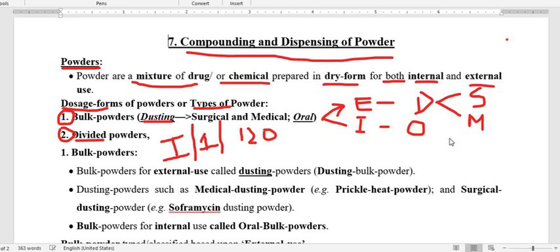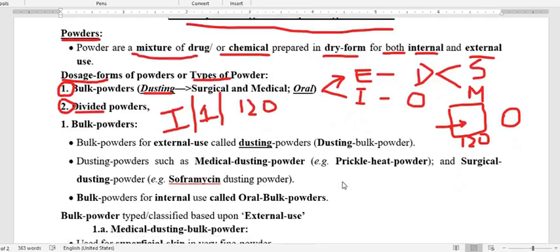So if this is a divided powder, this is a single dose. In this paper, you have kept a powder. This is a single dose, used orally, and the amount of single dose powder should not be less than 120 mg. This is called divided powder.